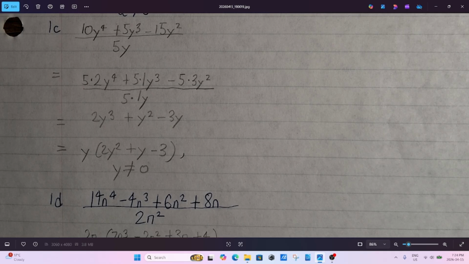Then we cancel all the 5, we cancel all the y's. That can be factored out, and then we get 2y cubed plus y squared plus 3y. And we factor out a y, so we get 2y squared plus y minus 3, and y cannot be 0.